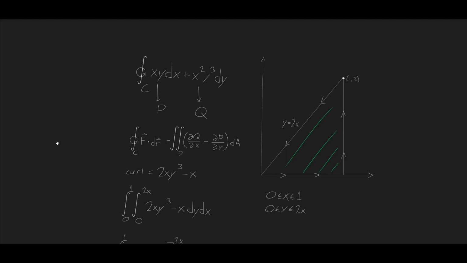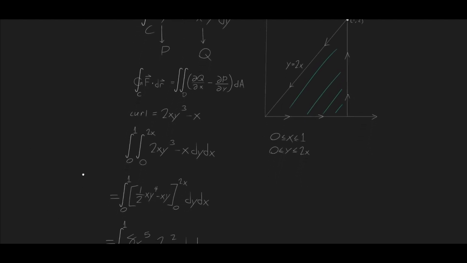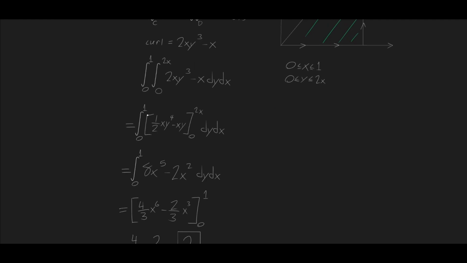And so now we can define our double integral using Green's theorem, and it will be the integral from 0 to 1 for x, integral from 0 to 2x of 2xy cubed minus x dy dx. And so now we can solve this like any other double integral.